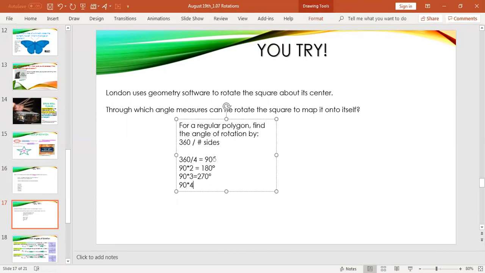Once you hit 360, those are all the possible angles of rotation. We call this figure, the square, rotationally symmetric because it has angles of rotation other than 360.